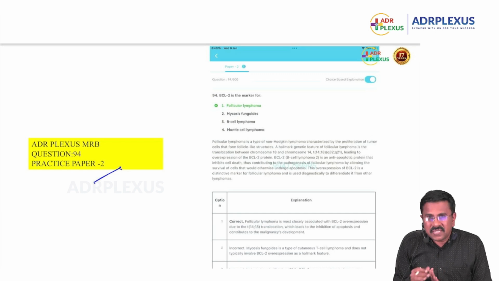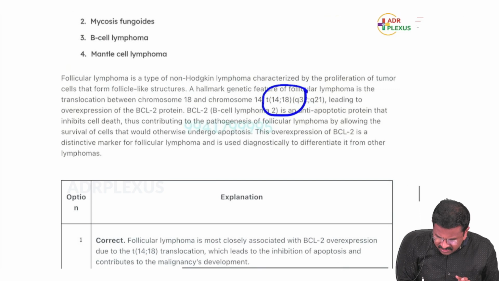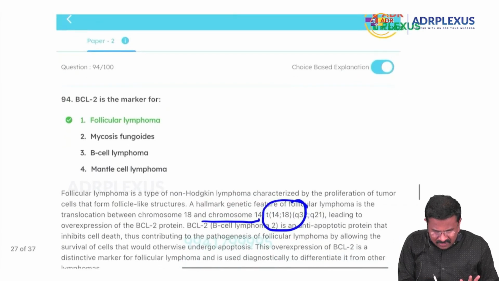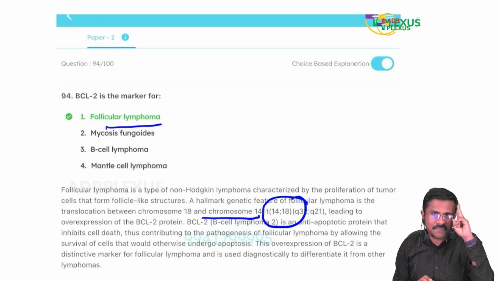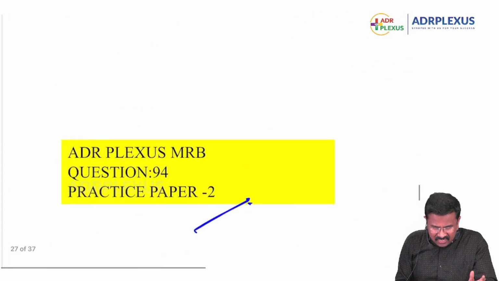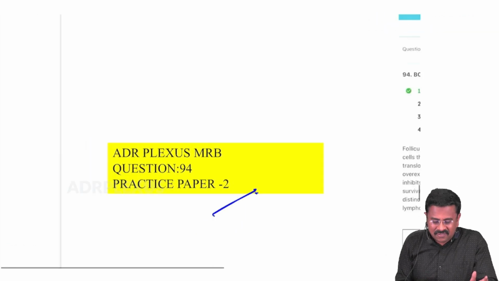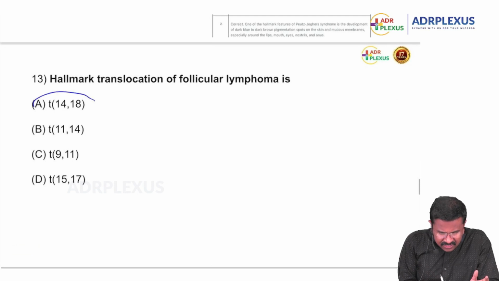If you see the explanation, we highlighted that BCL2 and chromosome 14 and the translocation 14;18 is characteristic of follicular lymphoma. So we remember follicular lymphoma means BCL2 as well as the translocation 14;18, which we asked in question 94 in the practice paper of the workbook. So the answer for this question is translocation 14 and 18.